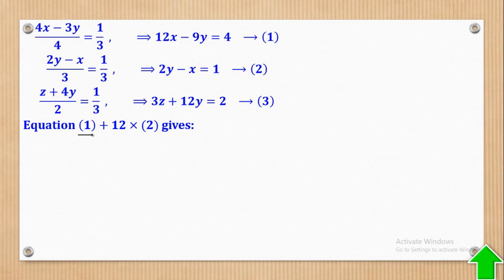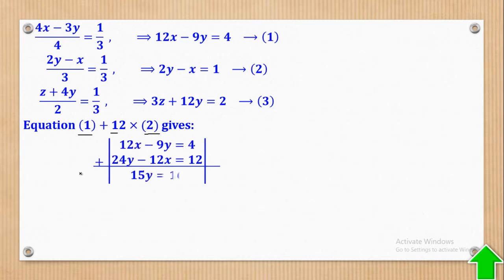So equation 1 minus 12 times equation 2 will give you that. And when I subtract this minus this, sorry, we're adding. So when we add this plus this gives you 0, and this plus this gives you positive 15y, and this plus this gives you 16. Therefore, make y the subject and y will be 16 over 15.